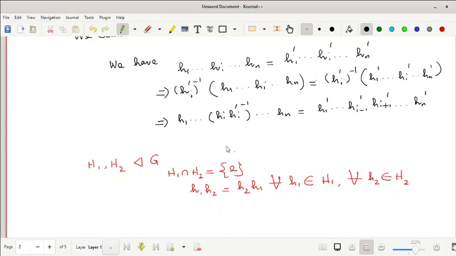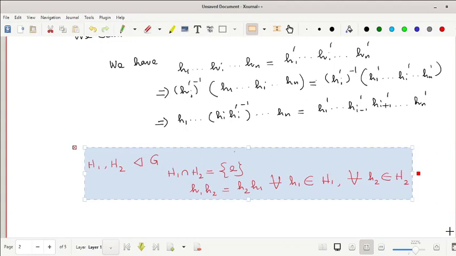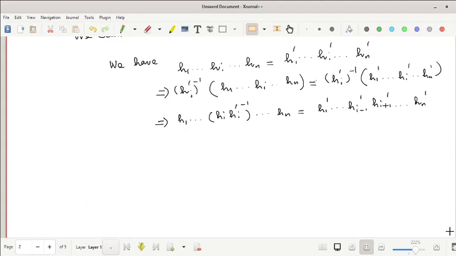Okay. Now let us do the same thing. If I apply this process with every element H1, H2, H3, whatever, then what will happen? Let us go on multiplying and let us do like this.